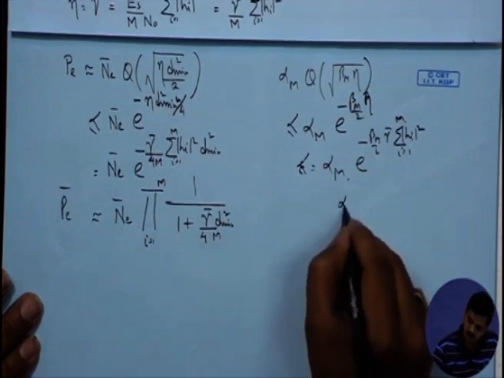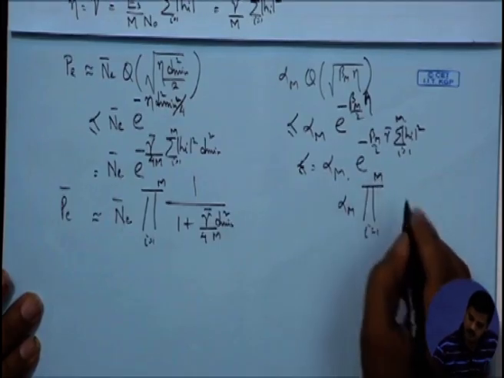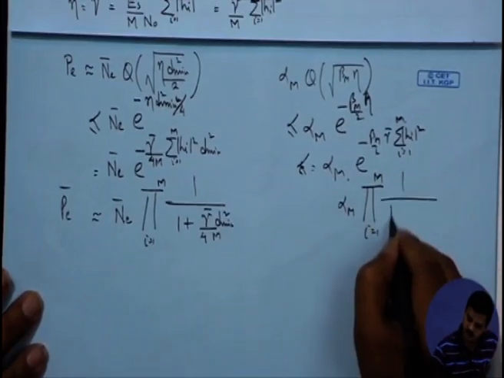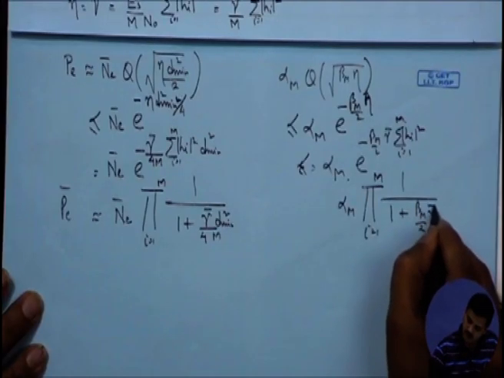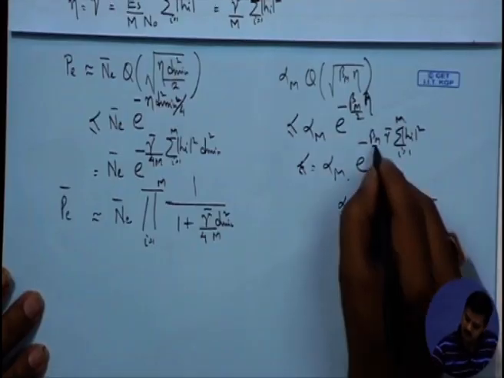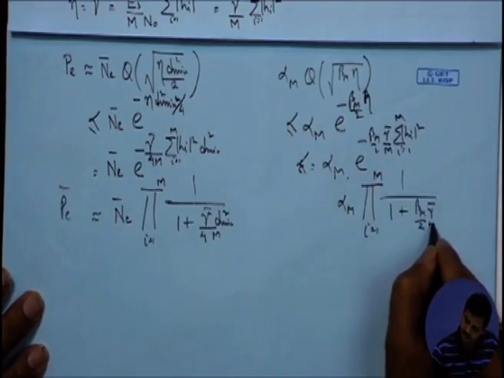Here also what you get is alpha m product over i equals 1 to m, this is the spatial dimension, of 1 by 1 plus beta m by 2 gamma bar by m, right.